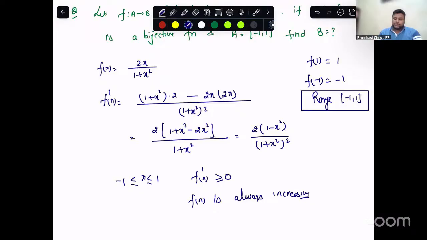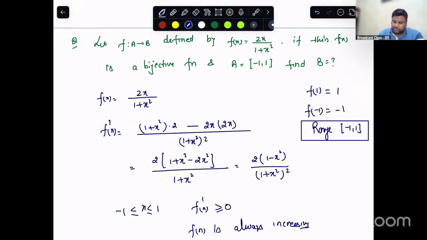Got it? So set B is going to be what? -1 to 1 because you are going to make this function bijective. Am I correct?